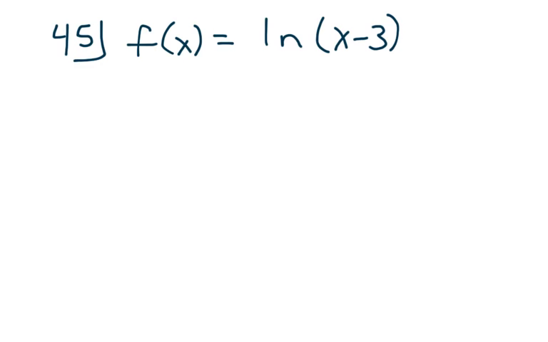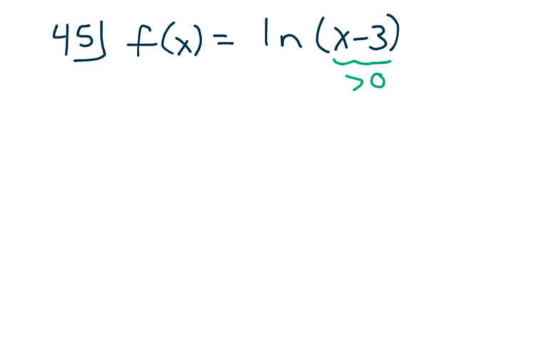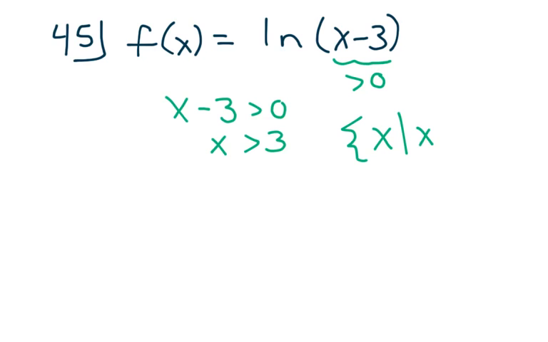Basically we know this part right in here has to be bigger than 0, because that's our domain. So all we're going to do is set this to be bigger than 0 and solve for x. So x has to be bigger than 3. So it's all real numbers with the restriction that x must be bigger than 3, or greater than 3.